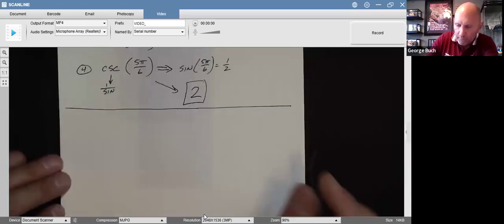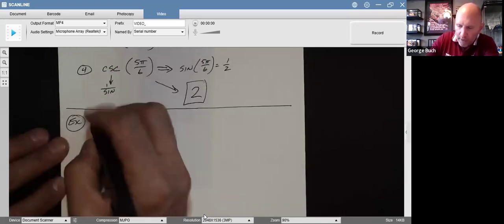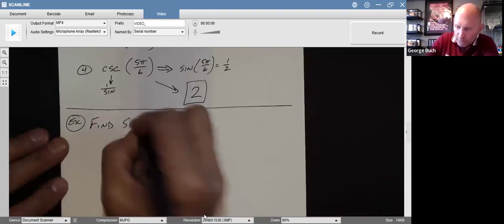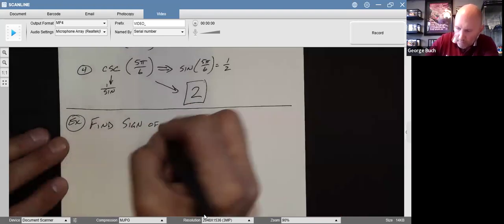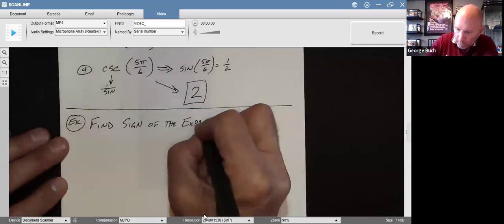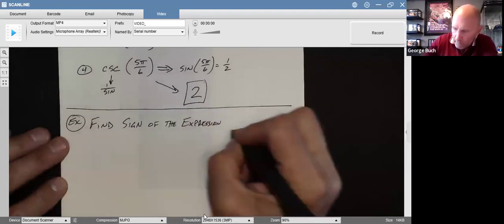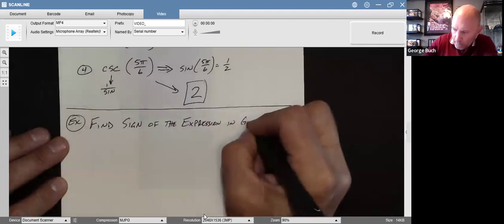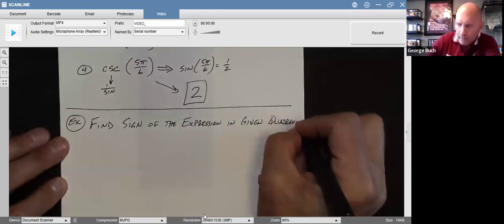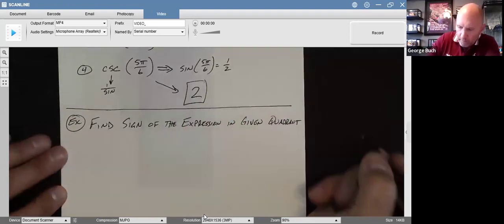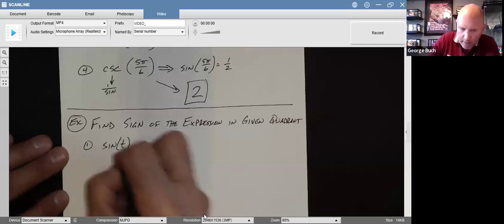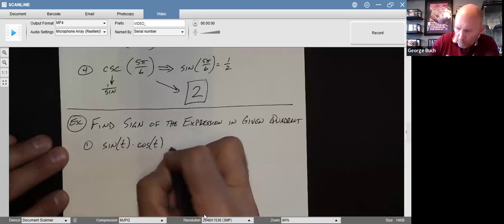All right, next, we want to find the sign, and this is SIGN, not SINE. So find the sign of the expression in the given quadrant. So the first one, I have sine of t times cosine of t in quadrant 2.